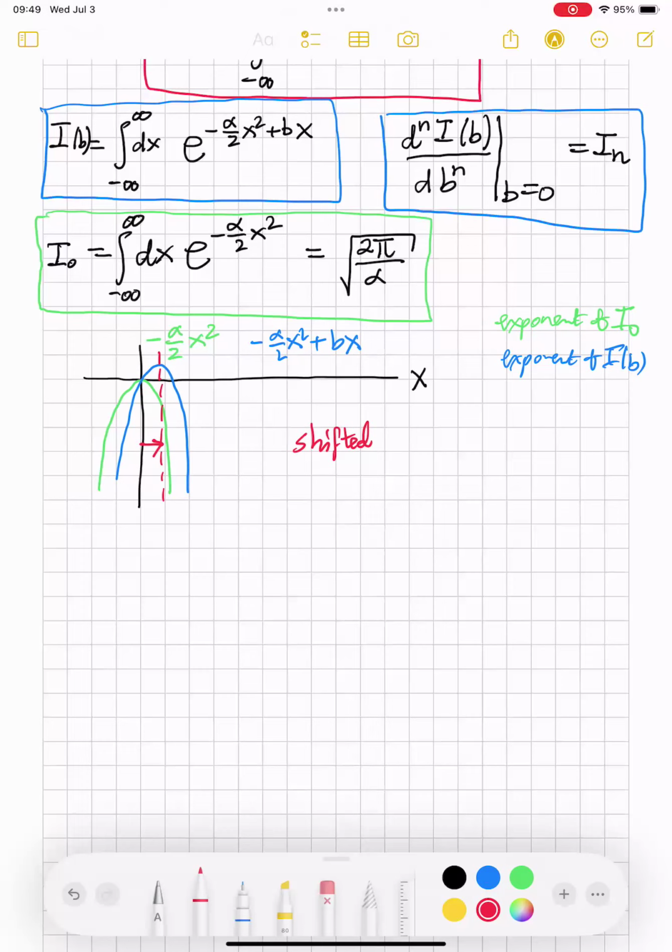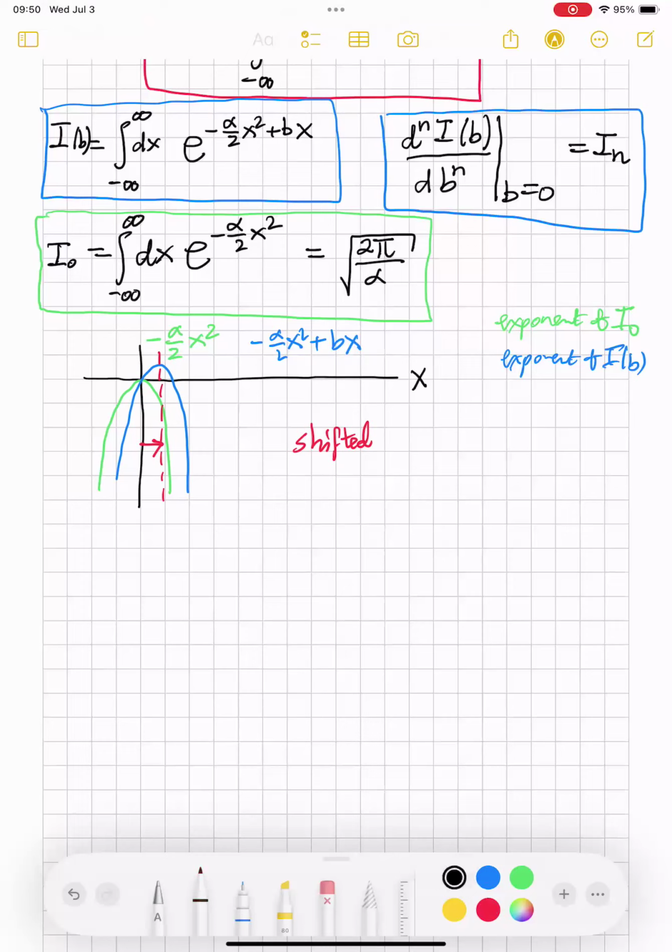We've shifted the dashed red curve. And we've also added a constant to the blue parabola to lift it up a little bit. Well, they're both parabolas though, so they both look very simple. So what I'm going to try to do is manipulate things so that the exponent of I naught looks as similar as possible to the exponent of IB.